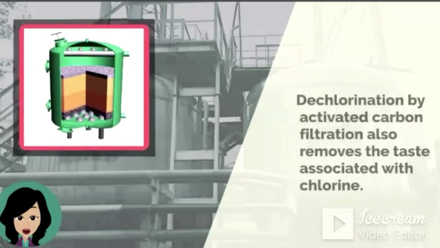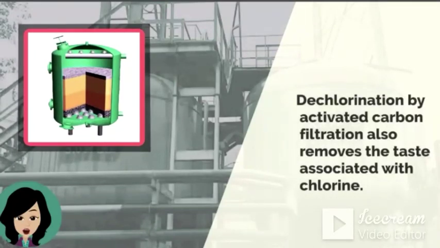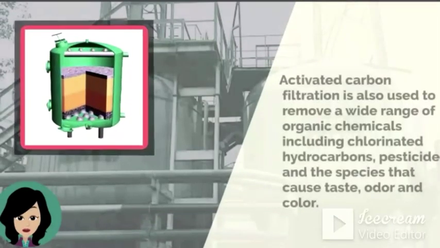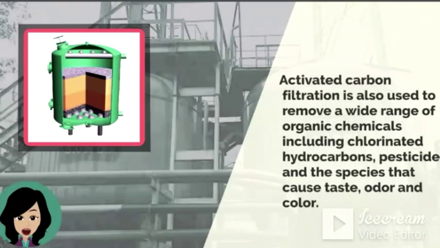Dechlorination by activated carbon filtration also removes the taste associated with chlorine. Activated carbon filtration is also used to remove a wide range of organic chemicals, including chlorinated hydrocarbons, pesticides, and the species that cause taste, odor, and color.